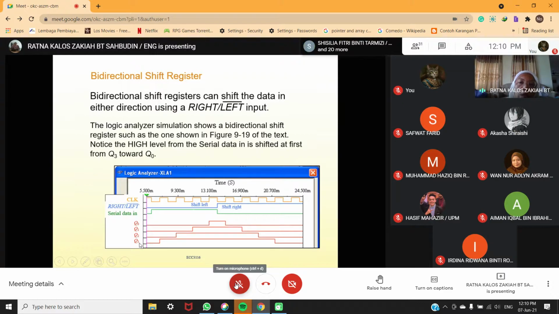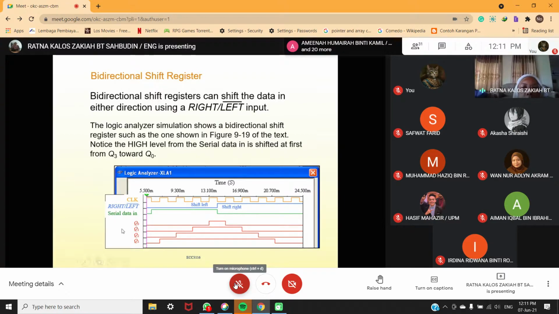Shifted from Q3 to Q0. Okay, so look at here. This is shift to the left, right? Shift to the left is going up, right? Remember? Okay, shift to the right is going down.